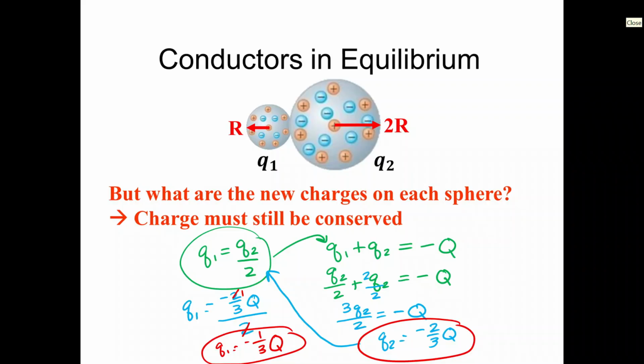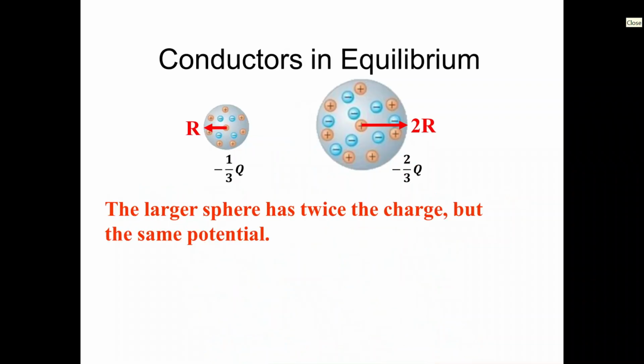So when they were the same size, the charge distributed equally so that they each had half. But now that Q2 is twice the size, it needs twice the total amount of charge. So it ends up with negative 2/3 Q's charge, and Q1 ends up with negative 1/3 Q. So the larger sphere has twice the charge, but the exact same potential.